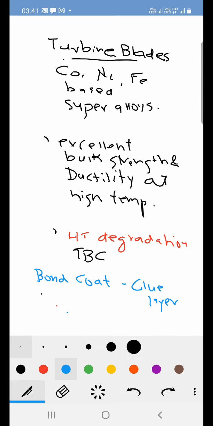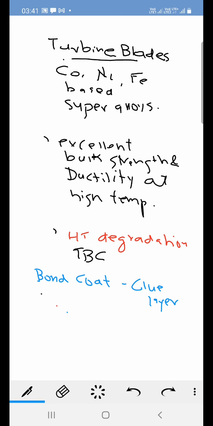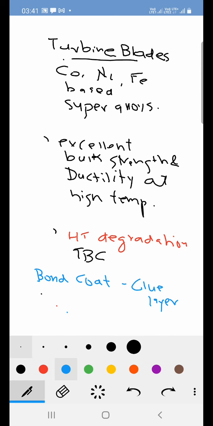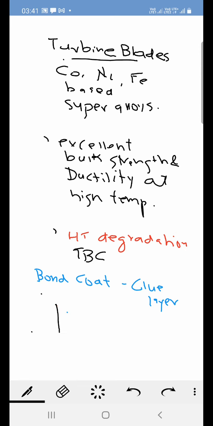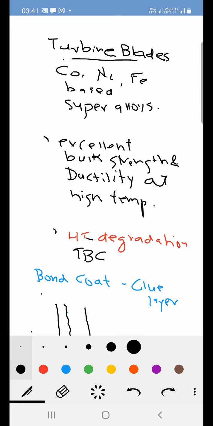So if you look into the structure of TBC, there is the metal used in turbine blades, which needs to be protected from high temperature degradation, and so we are providing a TBC. Say, consider this as the TBC.